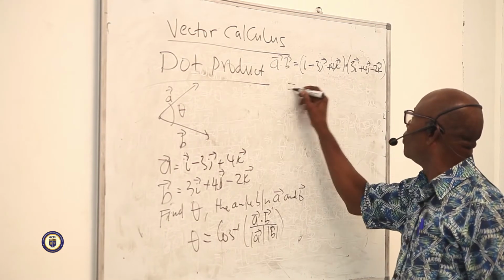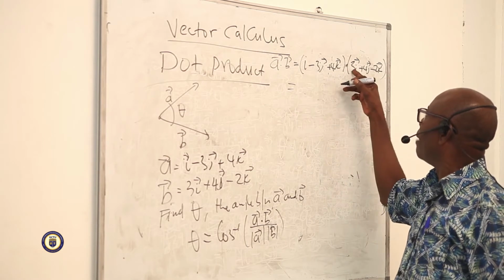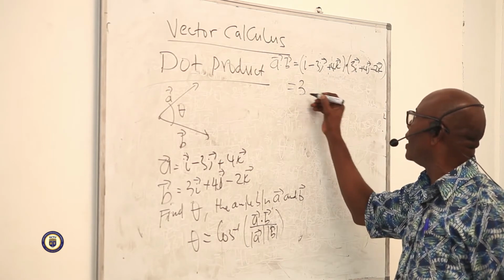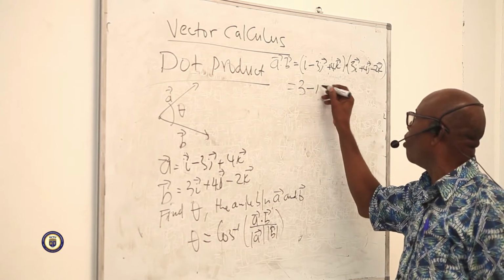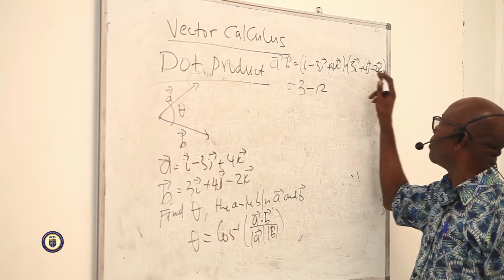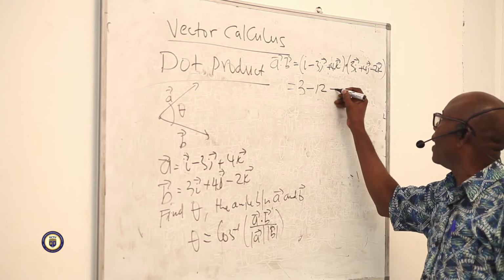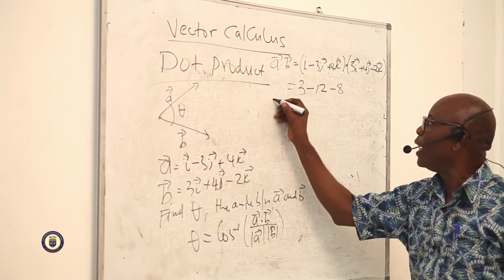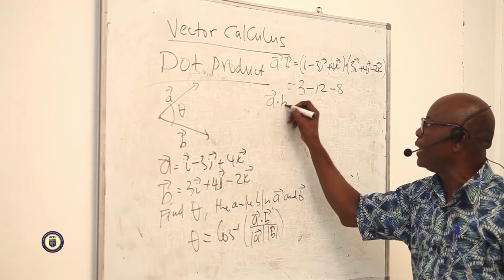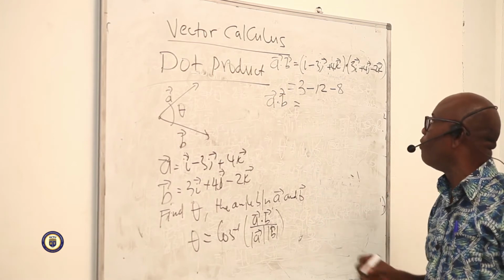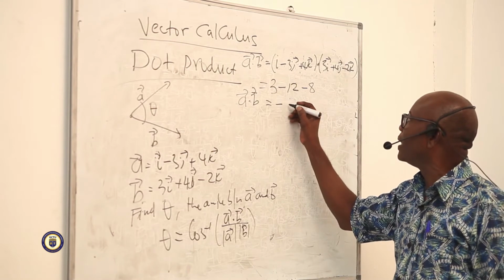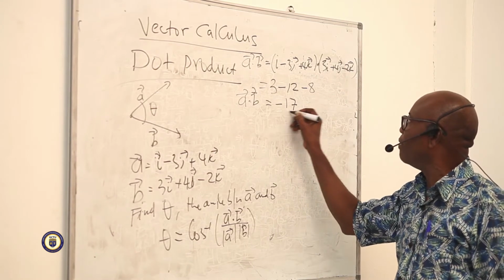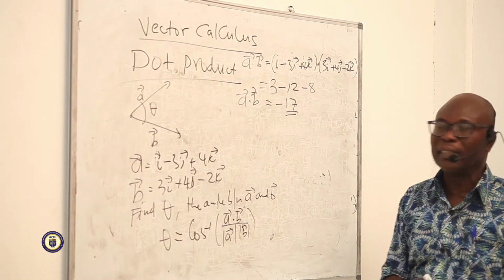So let's do it. 1 times 3 will give us 3. Then minus 3 times 4 will give us minus 12. Then 4 times minus 2 will give us minus 8. And so A dot B in this situation will give us minus 17, because 3 minus 12 minus 8 is negative 17.